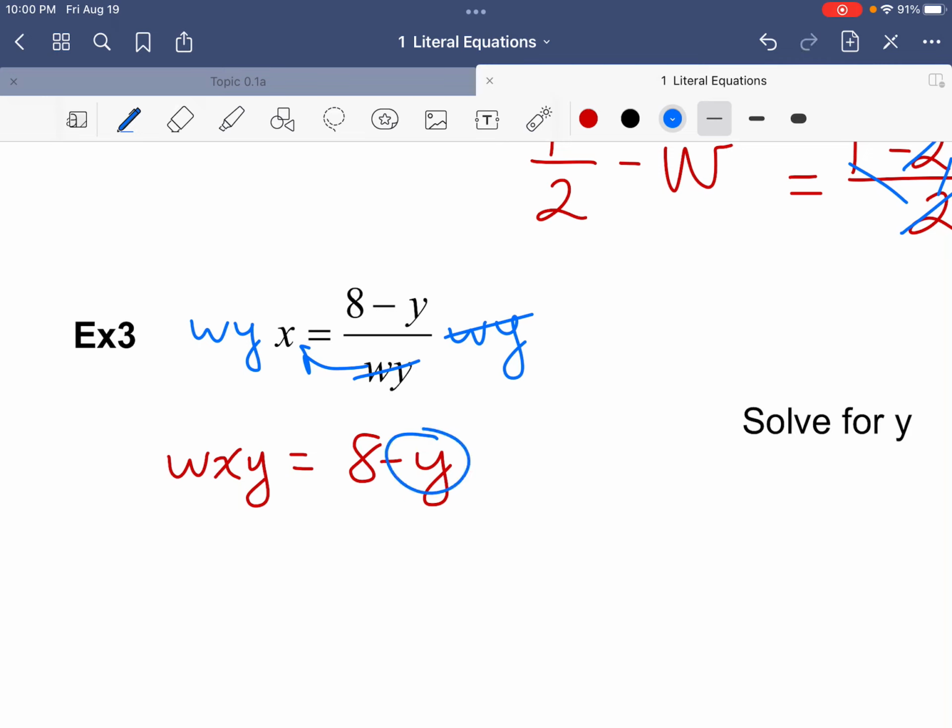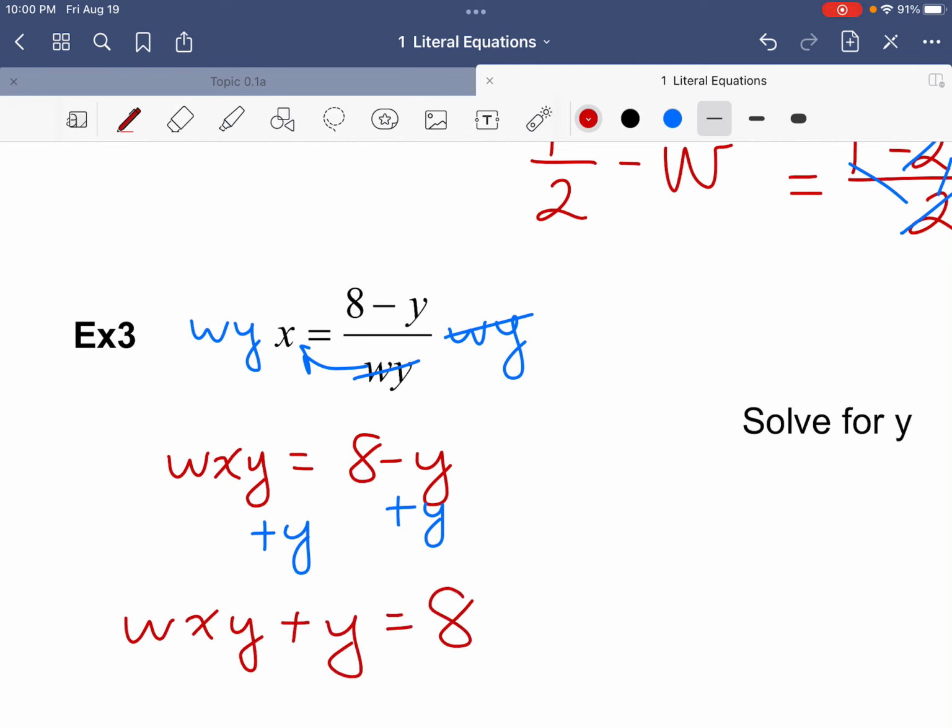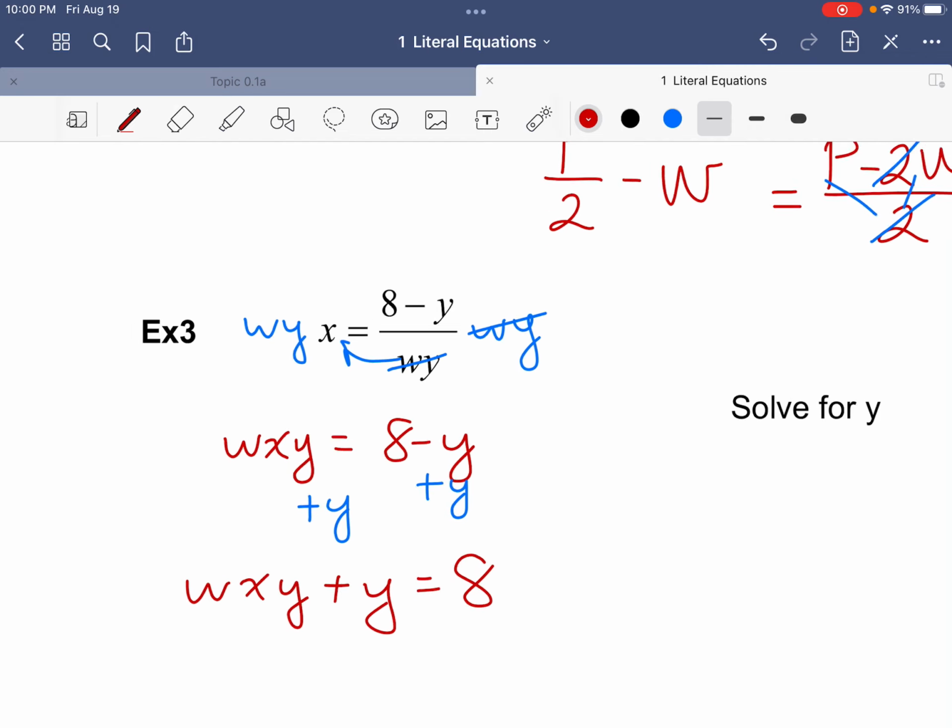This one right here is being subtracted. It's really easy to move that to the other side. All you got to do is add it. Except when you add it, you can't do something silly like say that those Y's add to be 2Y. They're not like each other. So I just end up with a Y that's now added to the other side of the equation.